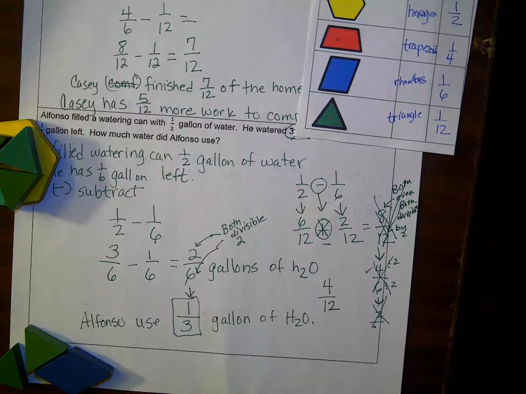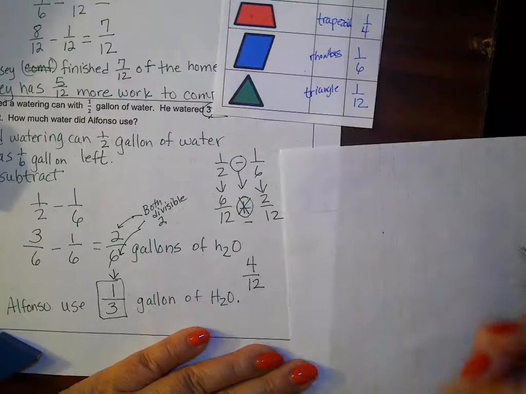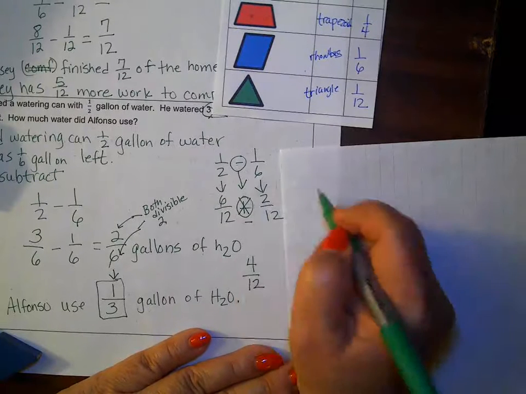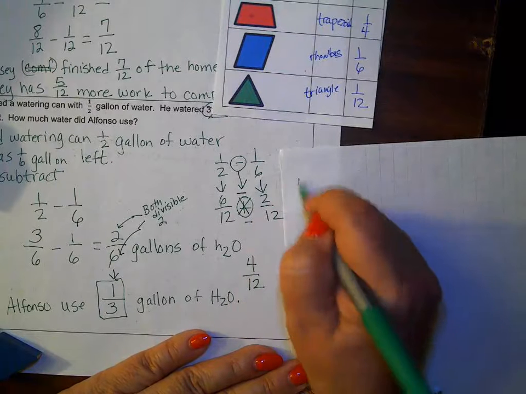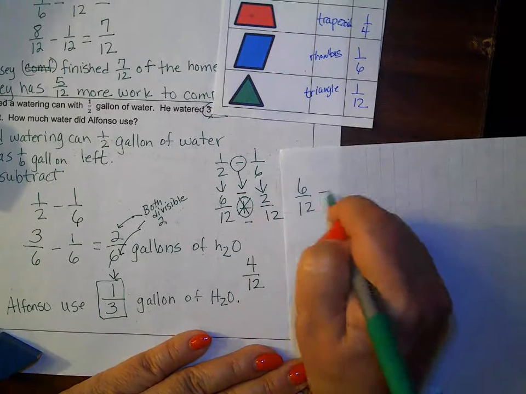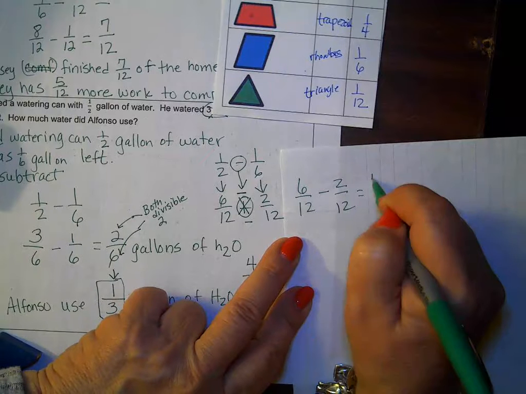Be super careful. I know some of you did that today with the assignment that we had. All right, so this is where we're at here. I covered the other one. So I'm going to put 6/12 minus, because I'm taking that away, 2/12 equals 4/12.